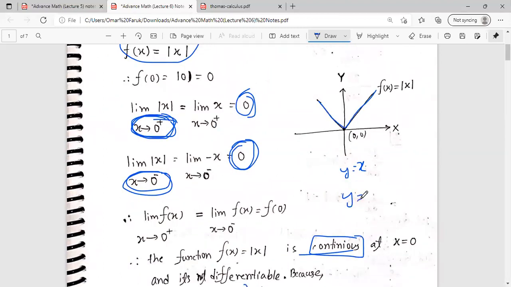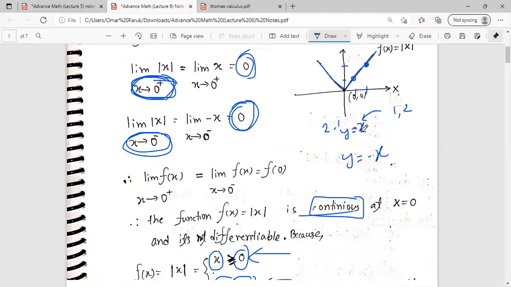For y equal to x, for example, you take x equal to 1, so y will also be 1. You take x equal to 2, y will be 2, and so on. That means here, 2, 2. You take x equal to 0, y will also be 0. So 0, 0 here.